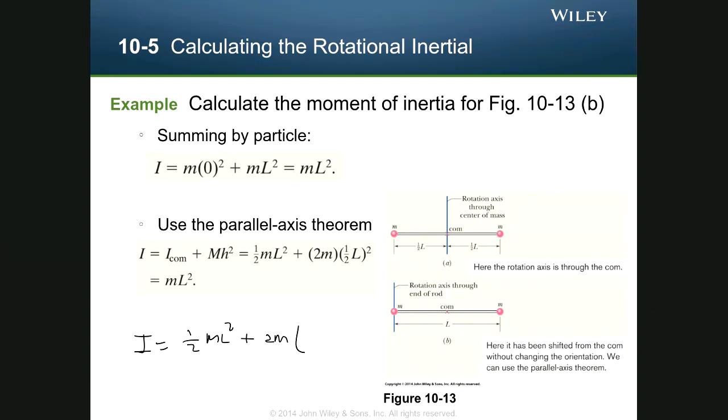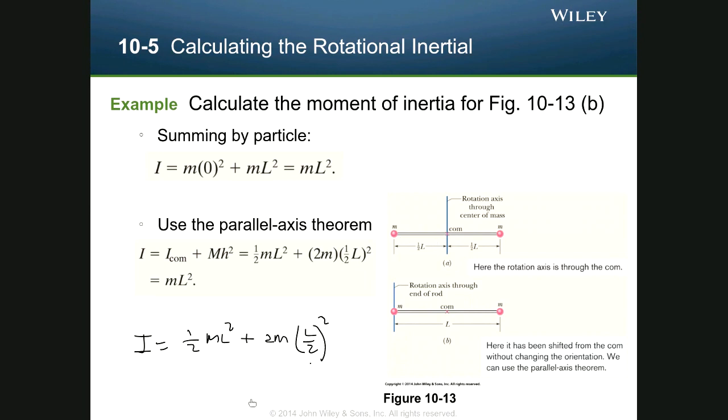Yeah. Right? L over 2 squared. Okay? Because that's the distance we moved here. We move the axis this distance h. That's all it is. The distance from the center of mass to its new location.